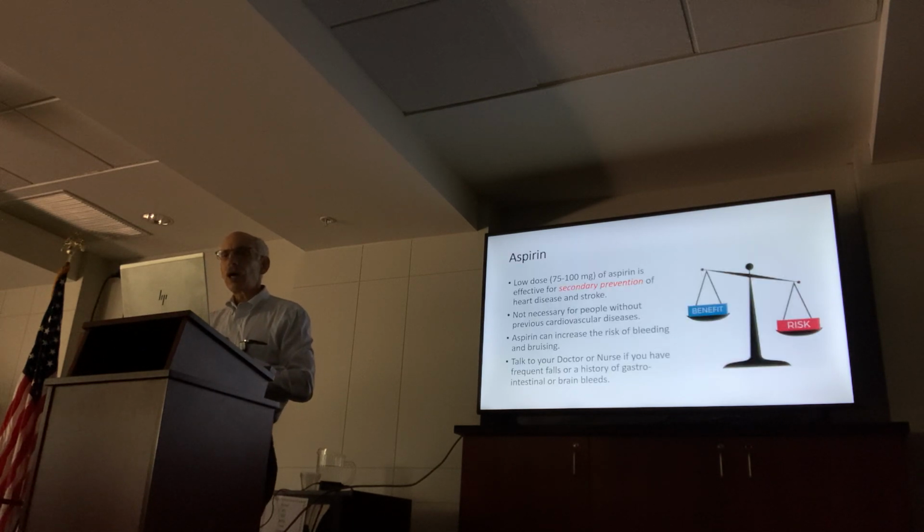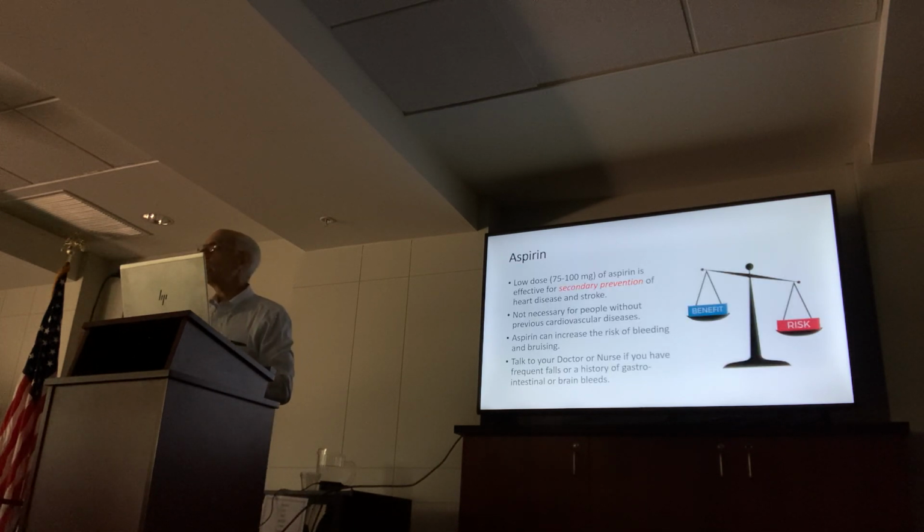And finally, I just wanted to make a comment about aspirin. An aspirin a day keeps the doctor away. Well, we used to think that. Low-dose aspirin is very, very important for secondary prevention. Remember I talked about primary and secondary? Secondary prevention is when you've already had a stroke or a heart attack or vascular disease.